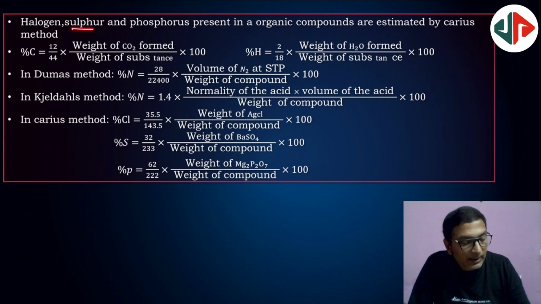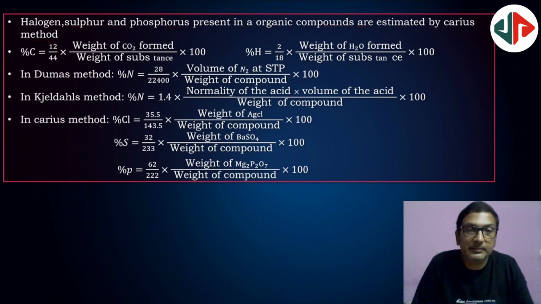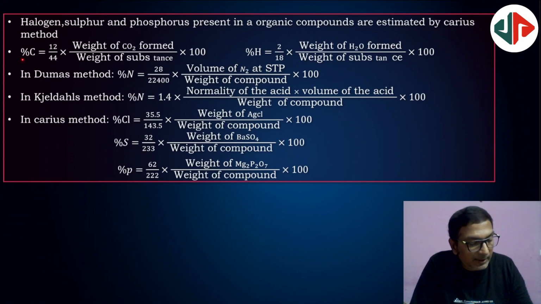Halogen, sulfur and phosphorus can be estimated by Carius method. Detection or identification means qualitative, estimation means quantitative amount. Percentage of carbon is 12 by 44 into weight of CO2 by weight of substance into 100.